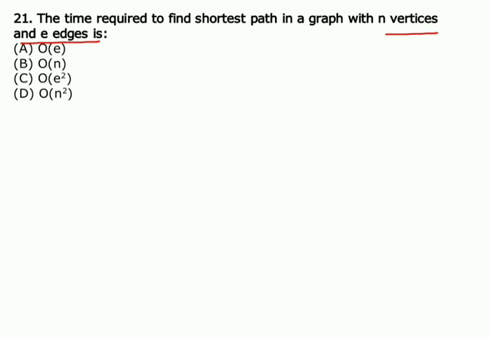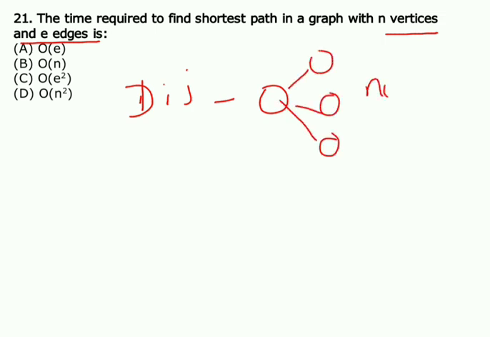We find the shortest path from a single source vertex to all other vertices in a weighted graph with non-negative edges in the case of Dijkstra's algorithm. Only for the non-negative edges will we find the values.